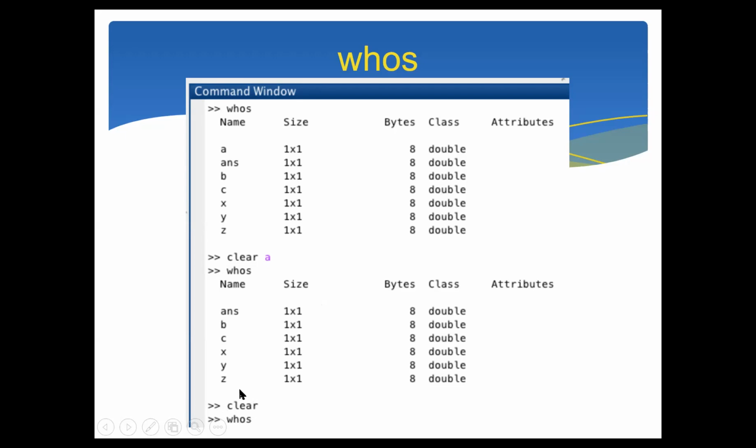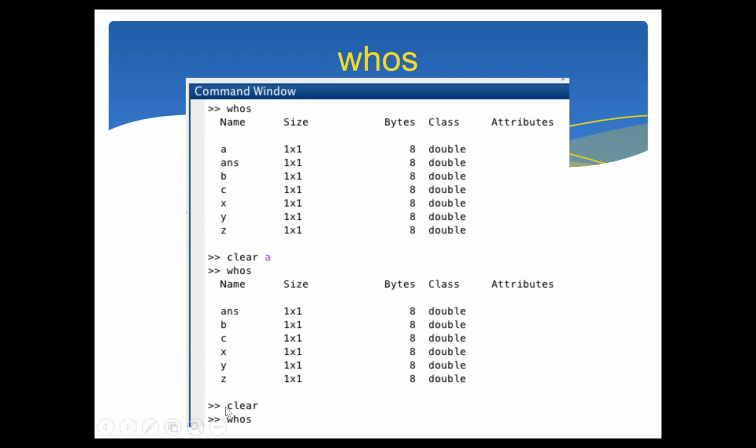And clear is very popularly used because every time after you run a script, it will generate a lot of variables in the workspace, right? But sometimes you want to run a different script. When you run those different scripts, you want to make sure everything saved in the workspace before is removed, because they may have double definitions or use the same variables in different ways in the different scripts, right? So you want to clear everything from the previous script and then run the next script.